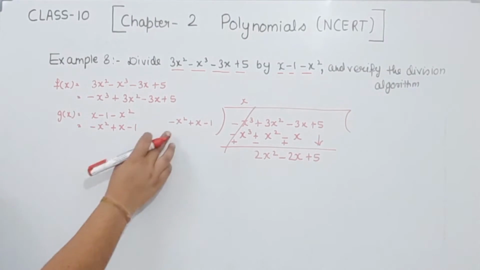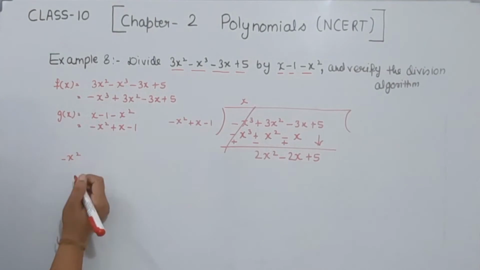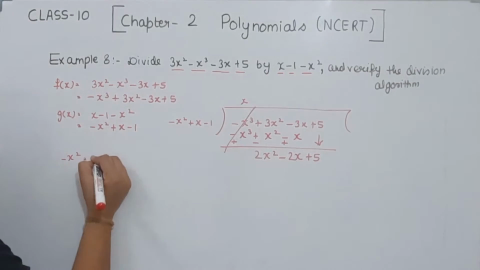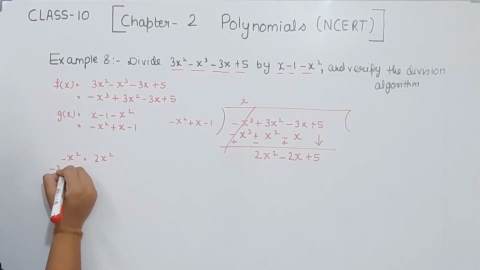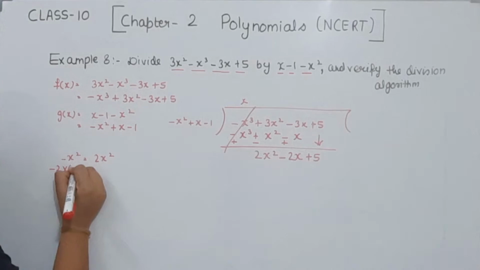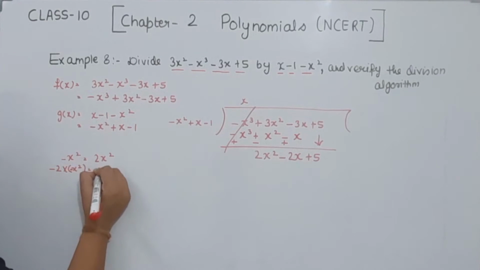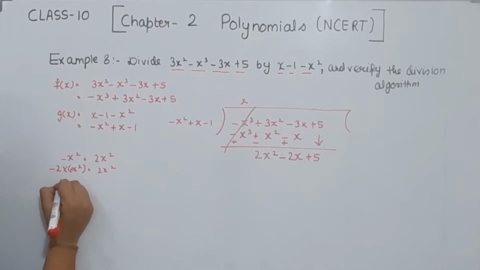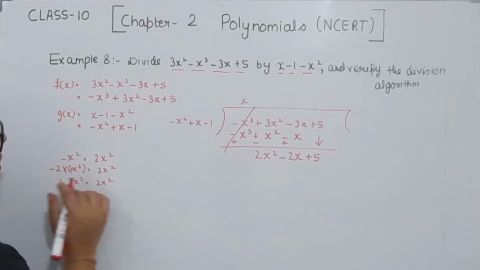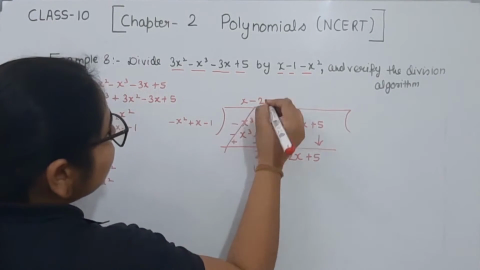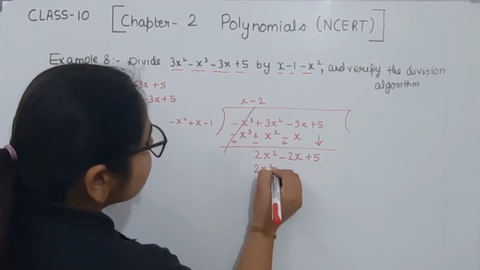Now here we are having minus x square, and I have to make this one as 2x square. For that I am going to multiply by minus 2. So minus minus plus, and 2x square is equal to 2x square. So I have to multiply this one by minus 2. So I will have 2x square.